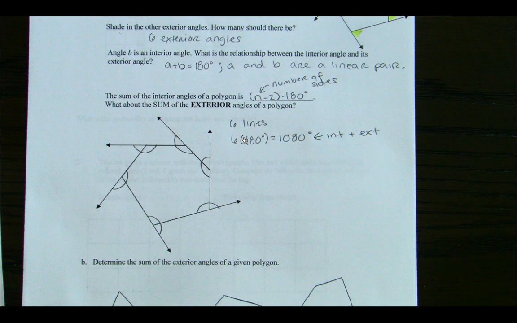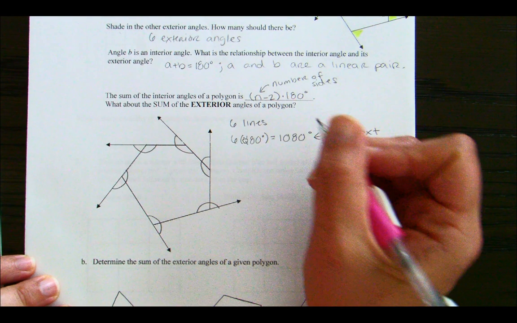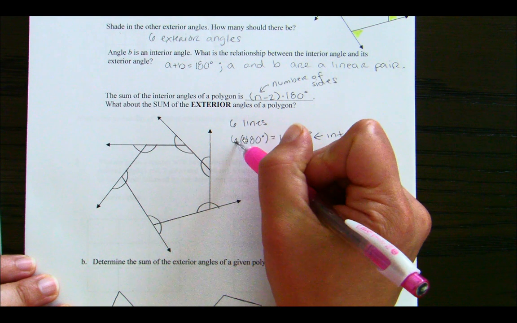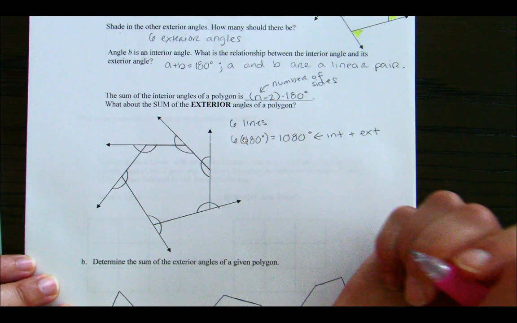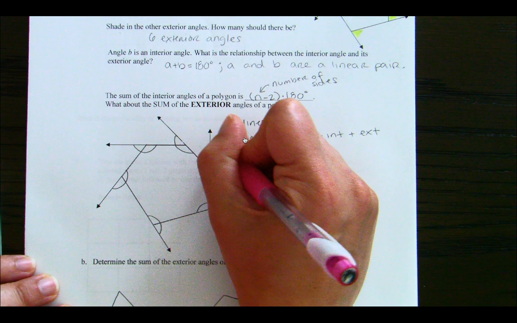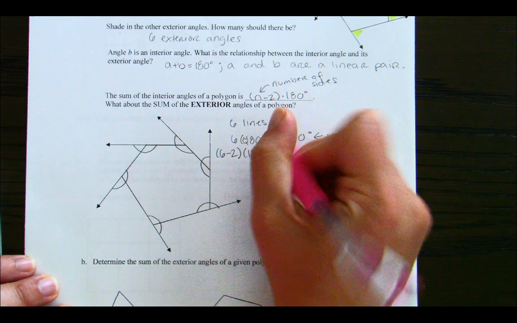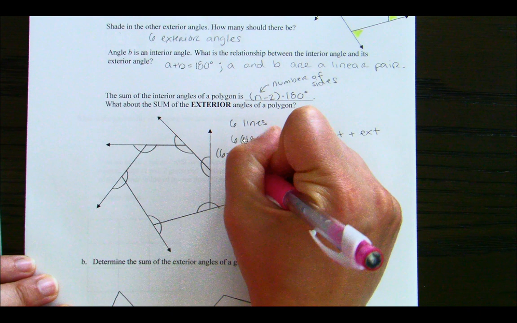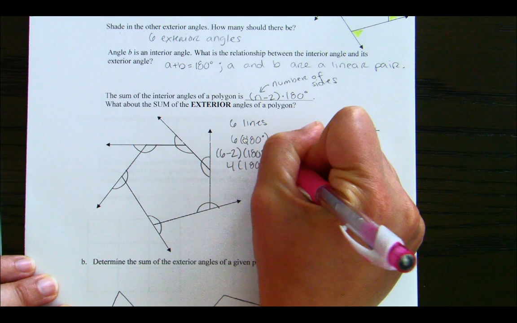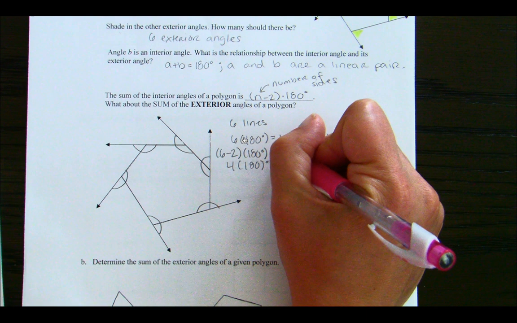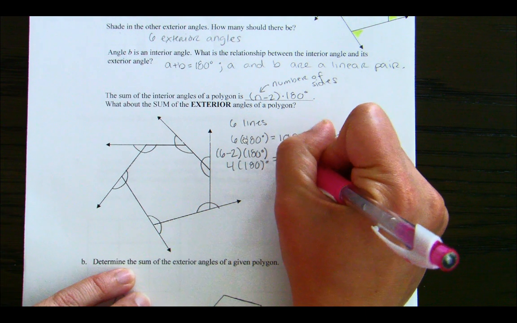That tells me my interior plus my exterior. It doesn't just give me my interior or just my exterior, so I need to find my exterior. I don't know what my exterior is, but I can use the information given about my interior. If I know that I have 6 as n, I can plug this into my formula. For my interior, I have 6 minus 2 times 180, which is 4 times 180, and that gets me 720.